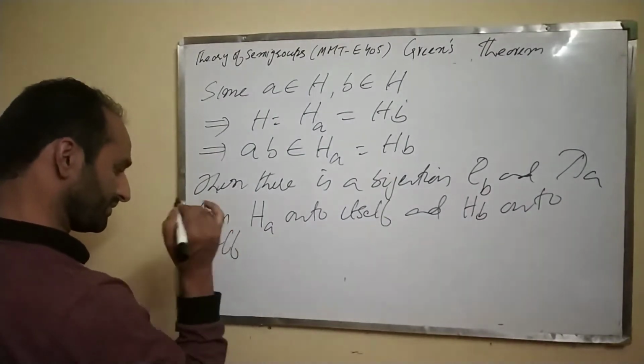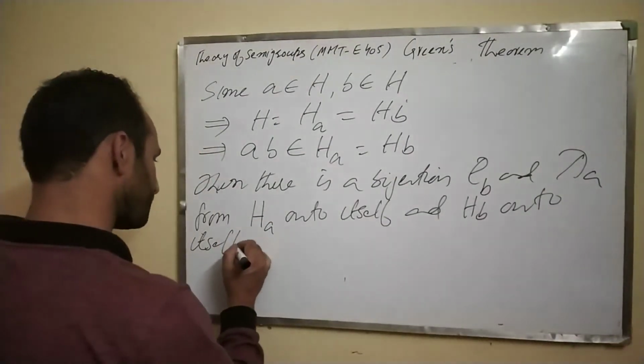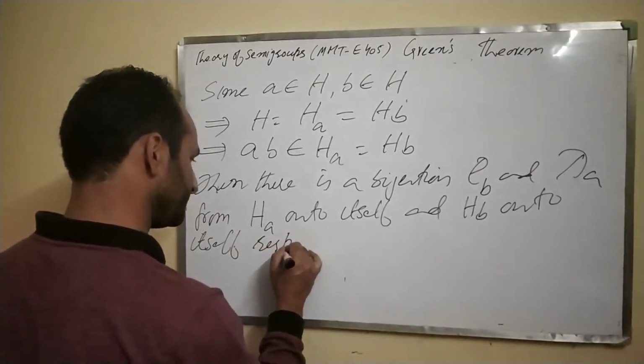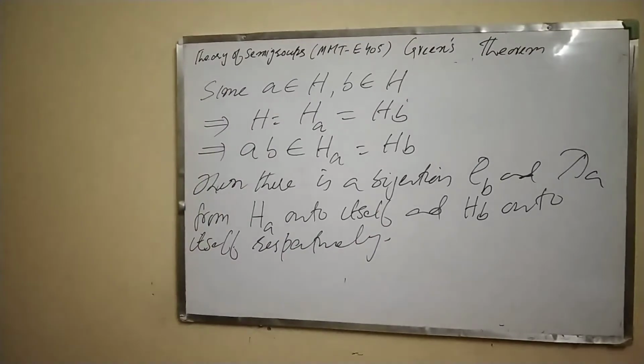There are two bijections. One is from HA onto itself and the second is from HB onto itself, respectively. These are two bijections.